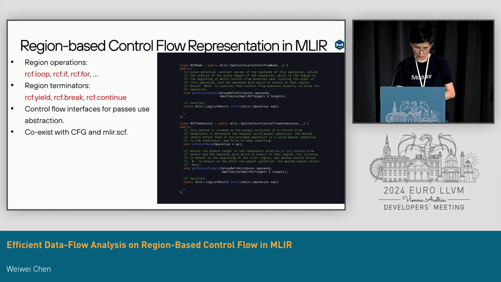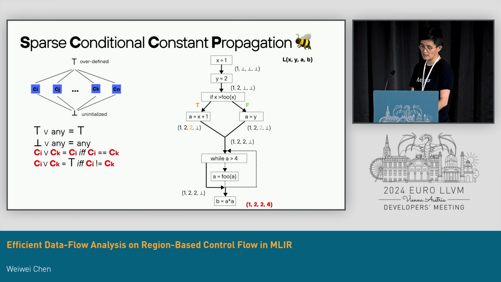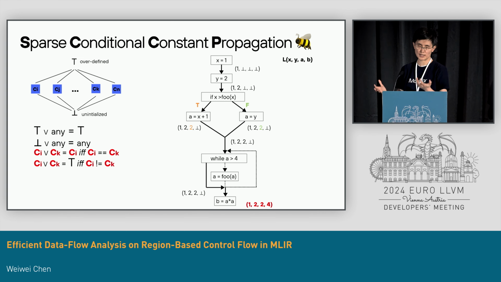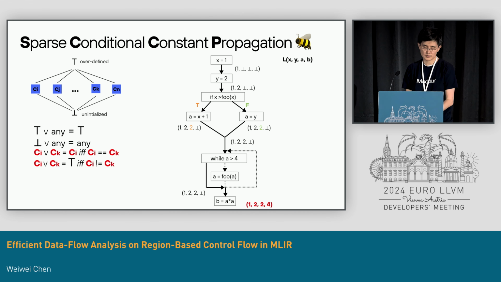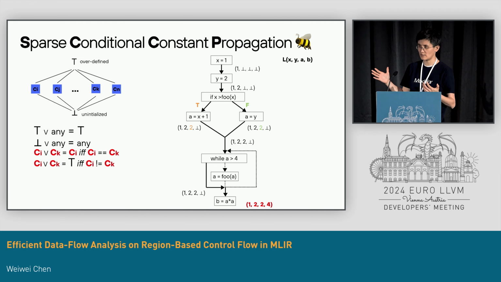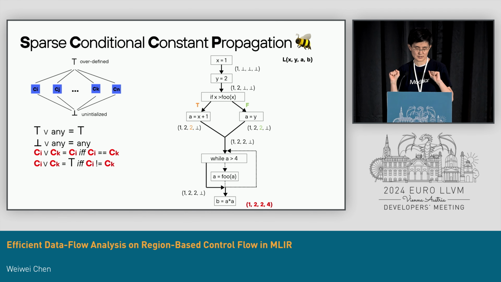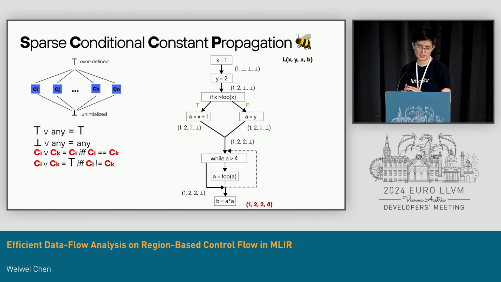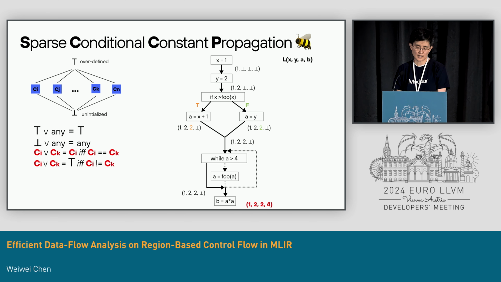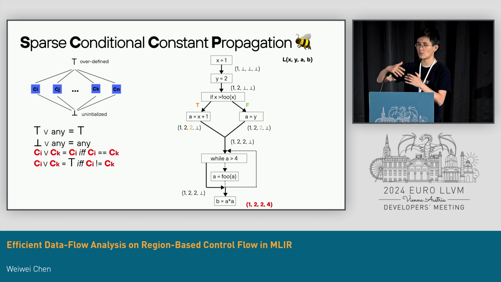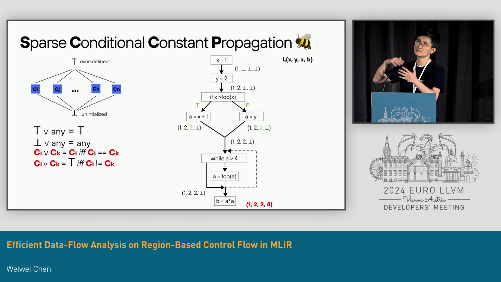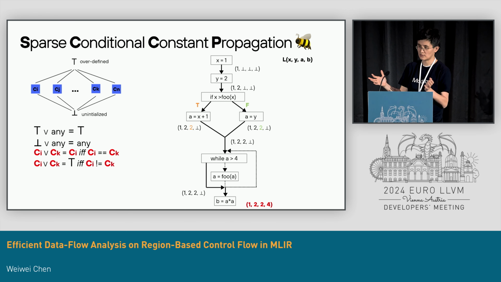Okay, so with this representation, now let's look at a concrete example of data flow analysis, SCCP. Just a quick recap: sparse here means it's related to SSA, where the lattice value is associated with an SSA value. Conditional constant propagation is basically doing dead code elimination while doing constant propagation, or constant propagation while doing dead code elimination.